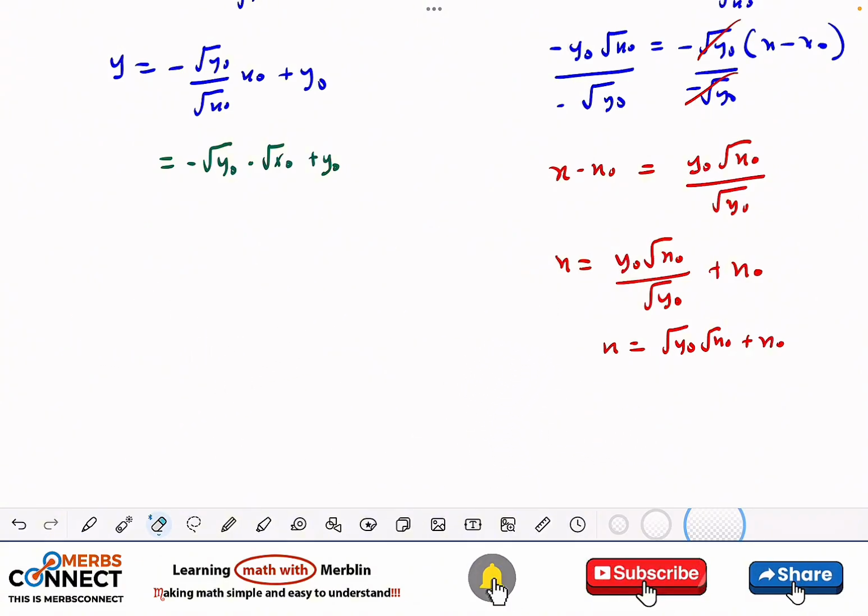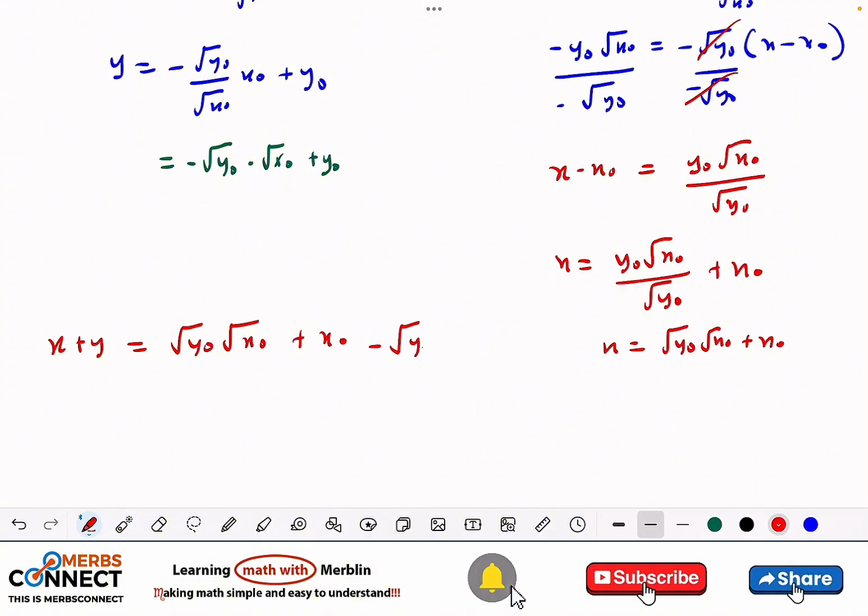So now we can add, and then we can cancel some of the terms. Minus root of y naught. No, this is supposed to be plus, because it's first. Root of y naught root of x naught plus x naught. Yeah, we can actually combine this into one root, but no need.